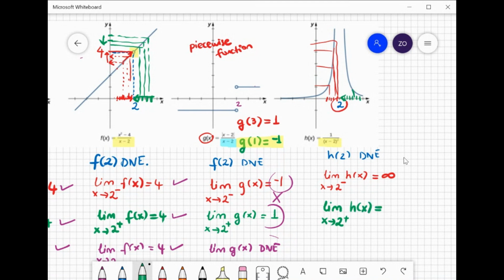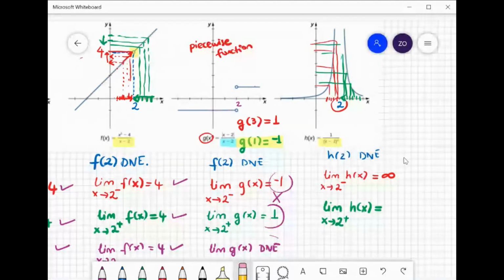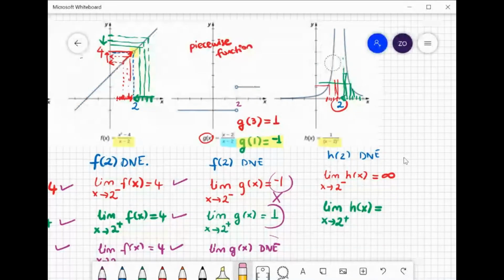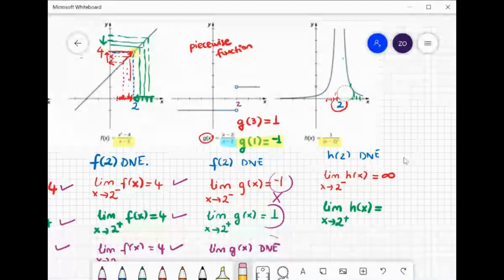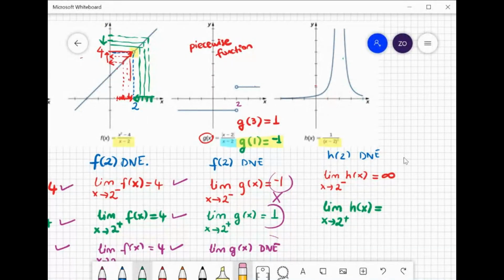You can pick some numbers, and as you get closer to 2, what happens to the function values, like we had in the previous case? Can we say the same thing? Yes, we can. That's correct. So we can say that the function values go without a bound. As you are getting close to 2, you will find very, very large numbers.